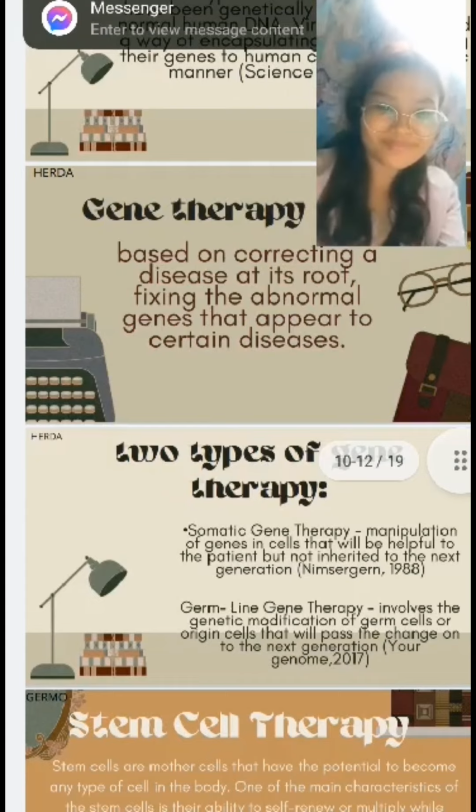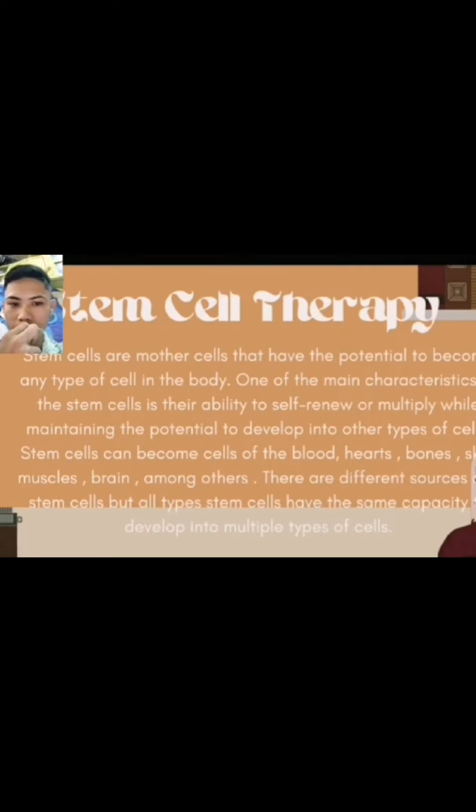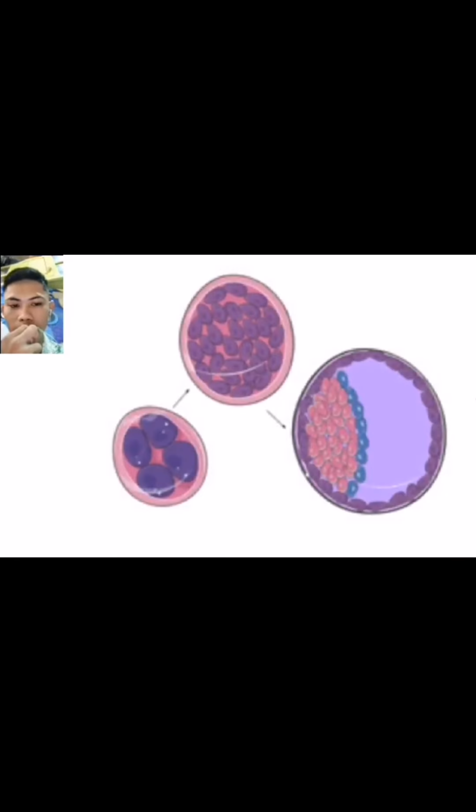My name is Janmar Balbuena, reporting stem cell therapy. Stem cells are mother cells that have the potential to become any type of cell in the body. One of the main characteristics of stem cells is their ability to self-renew, or multiply, while maintaining the potential to develop into other types of cells.